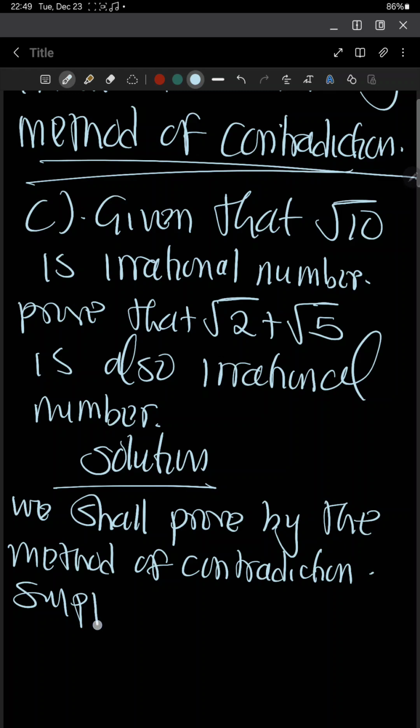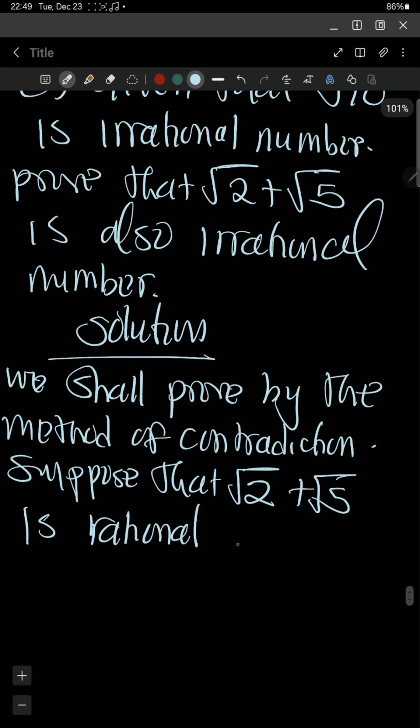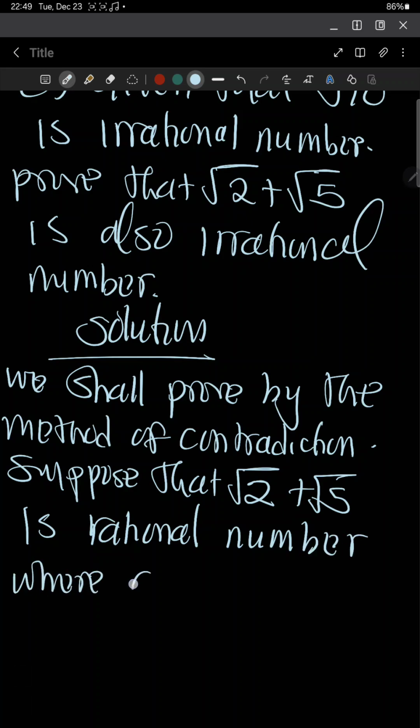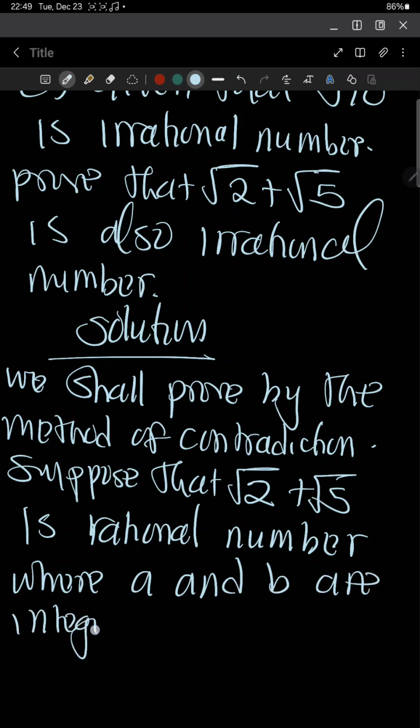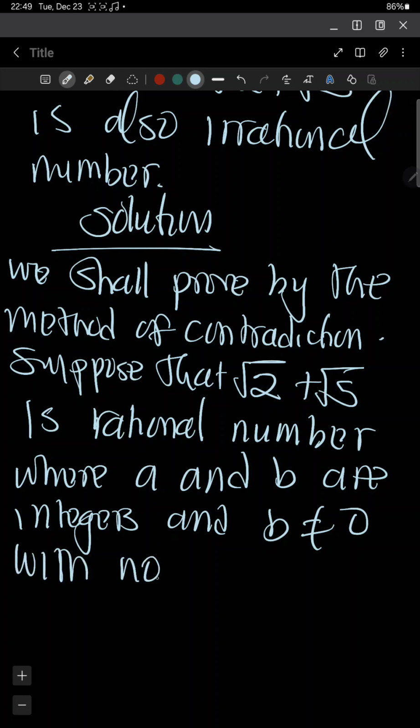Suppose that square root of 2 plus square root of 5 is a rational number, where A and B are integers and B is not equal to 0 with no common factor, full stop.